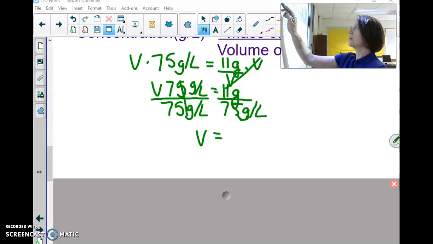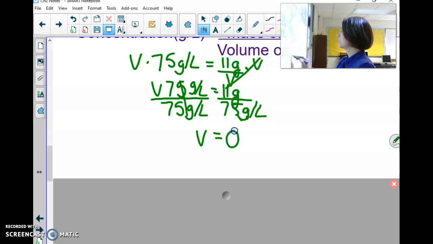And 75 has 2 significant digits, 11 has 2 significant digits, so my answer needs 2 significant digits. The 0 is a placeholder, so the 1, 4, the 4 gets rounded up to a 5 because the number after 4 is 6. So then we have to think about our units. We know it's volume, so the unit's going to be liters.